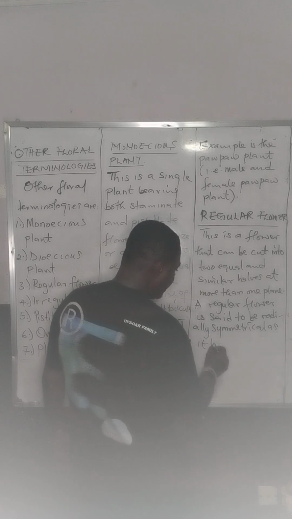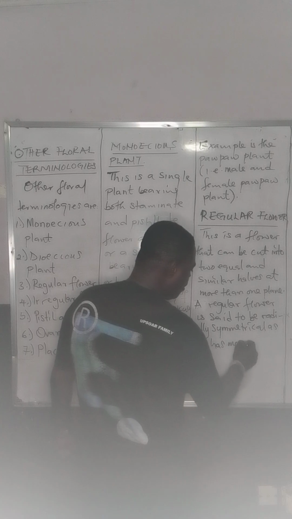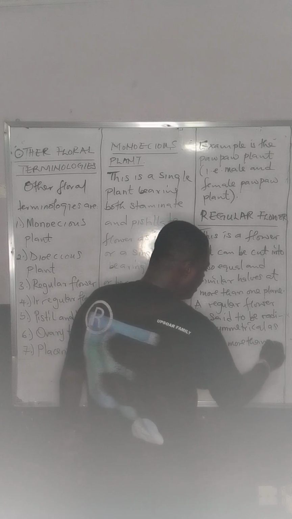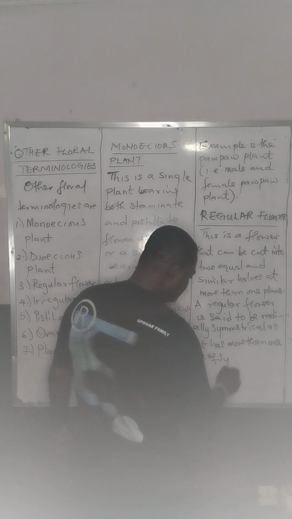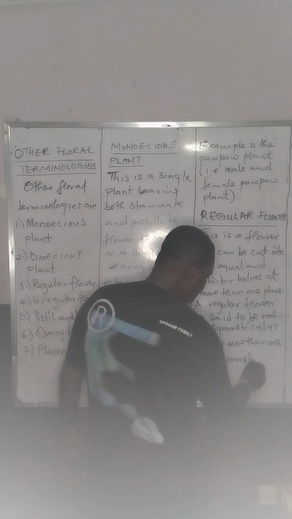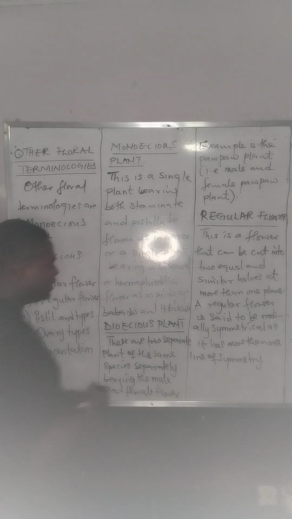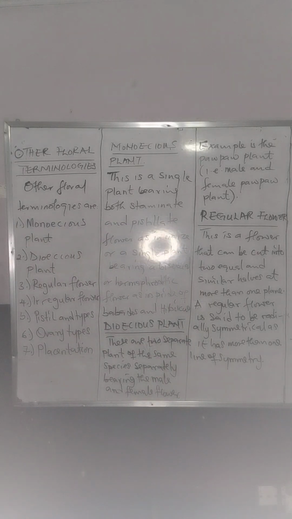As it has more than one line of symmetry. The line of symmetry is the imaginary line that divides an object into two equal and similar halves.